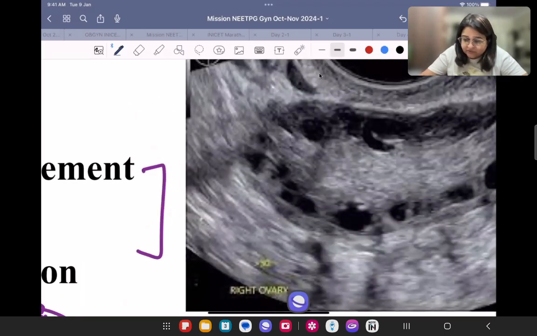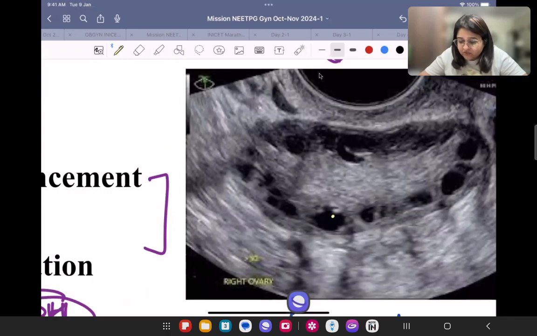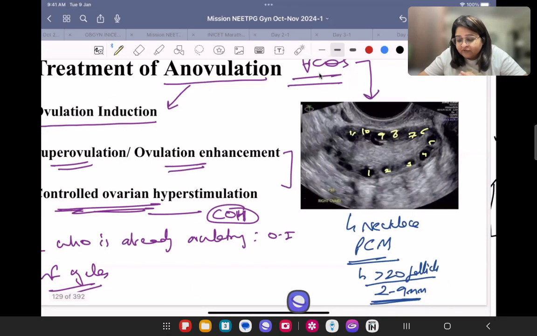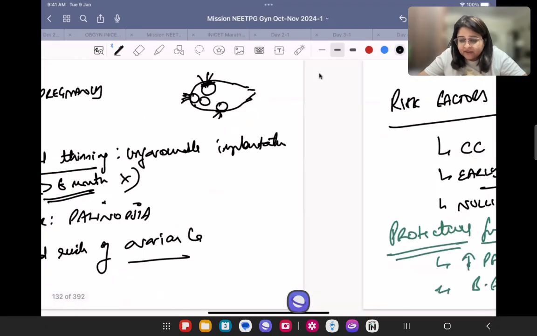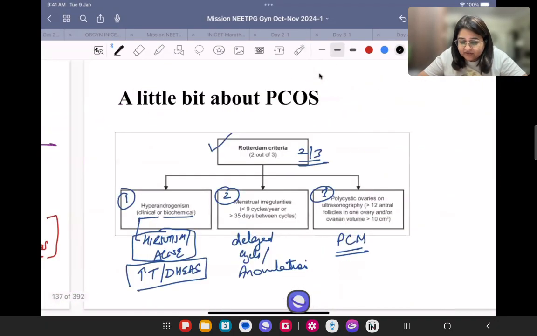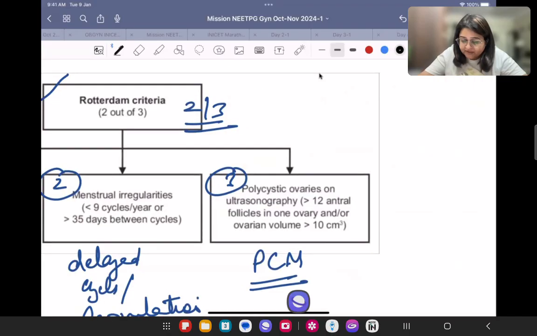You basically count. Like you have this ovary here on the ultrasound. So 1, 2, 3, 4, 5, 6, 7, 8, 9, 10. If there are 20 or more than 20. What is the full form of this? PCM means polycystic morphology. Polycystic morphology is PCM. Change this to 20. So more than 20 follicles in one ovary and/or ovarian volume more than 10 cubic centimeters.